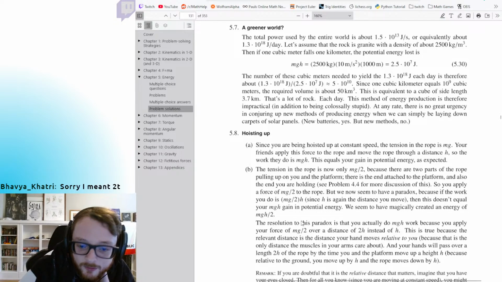Wait, what? You actually do mgh work because you apply your force mg over 2 for a distance of 2h instead of h.